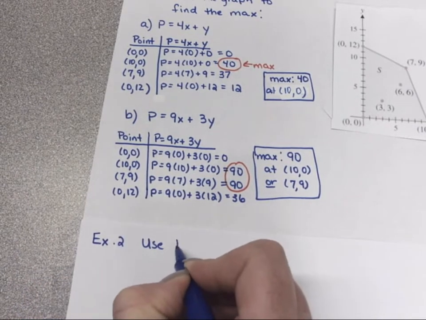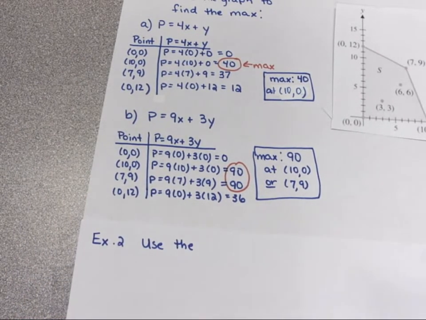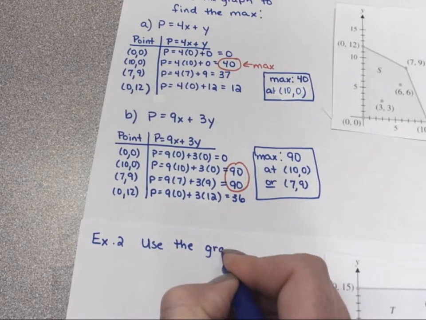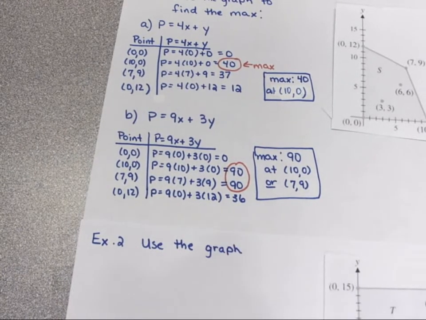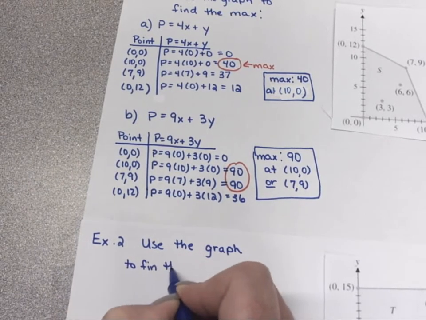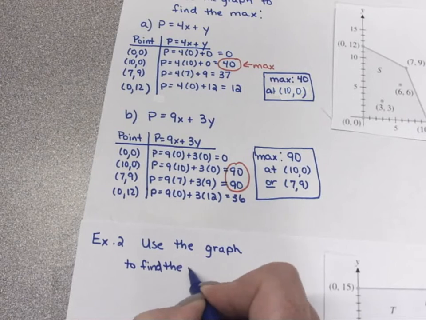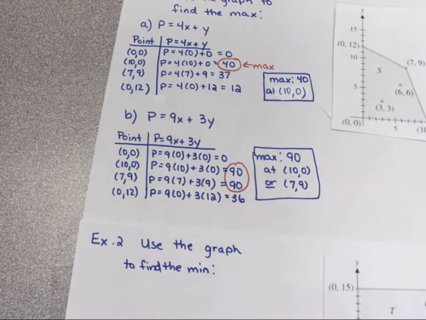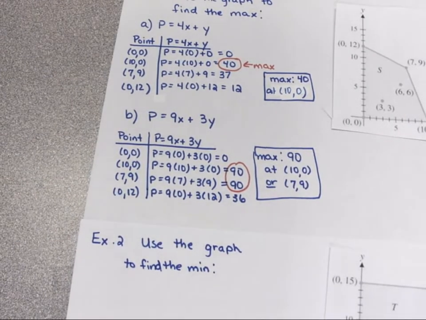So the next graph on your handout should look like this. I want you to use the graph to find the min. By the way, notice this is not a bounded graph.